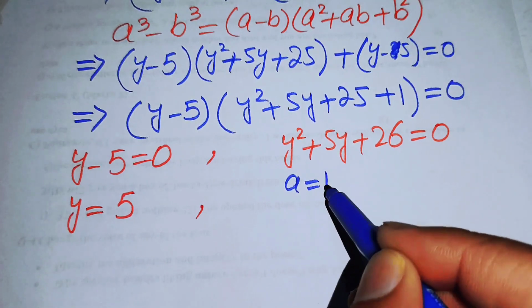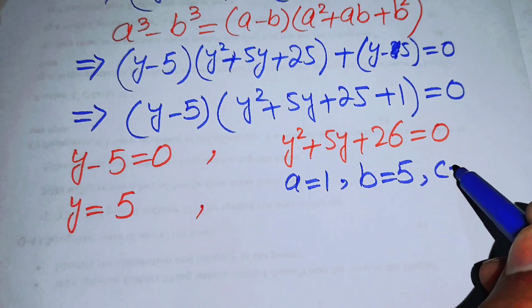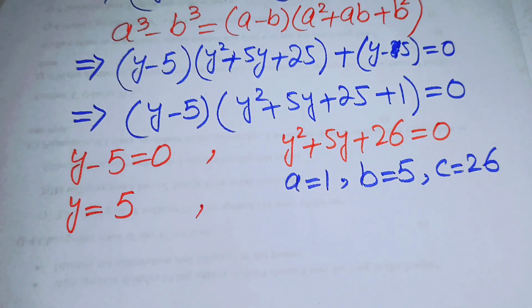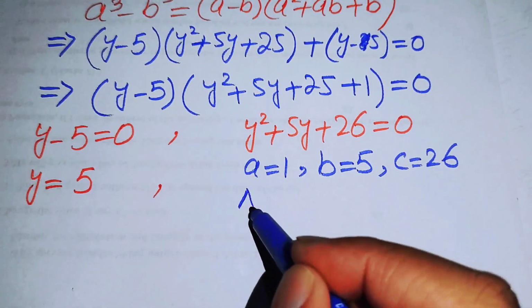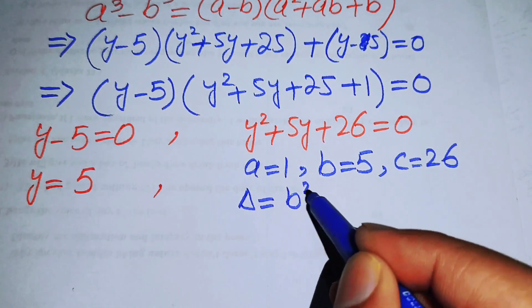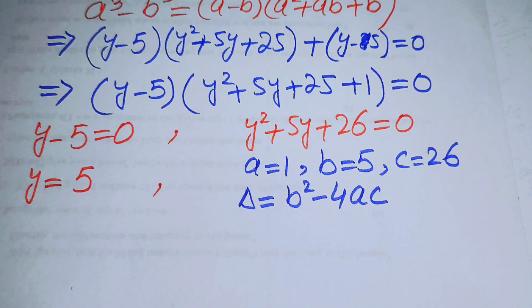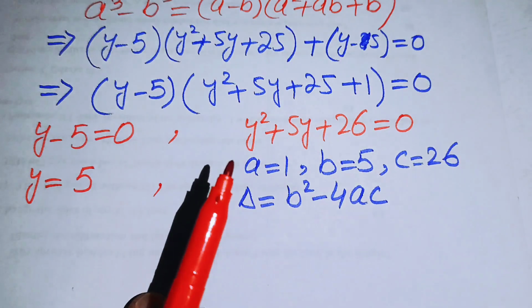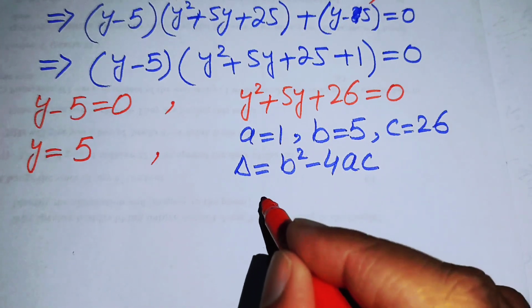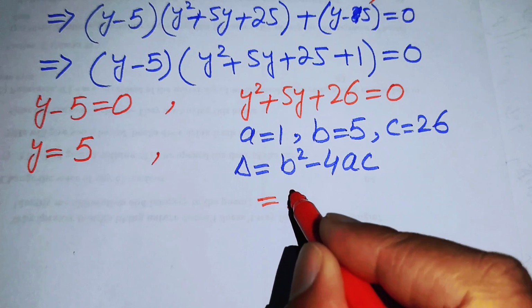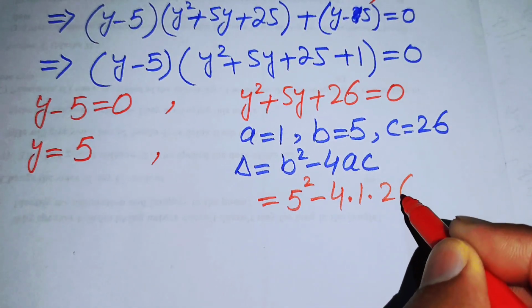So here we have a equals 1, b equals 5, c equals 26, and the discriminant formula is delta equals b square minus 4 times ac, and we put the values of a, b and c here. So the value of b is 5 square minus 4 times a is 1 and c is 26.